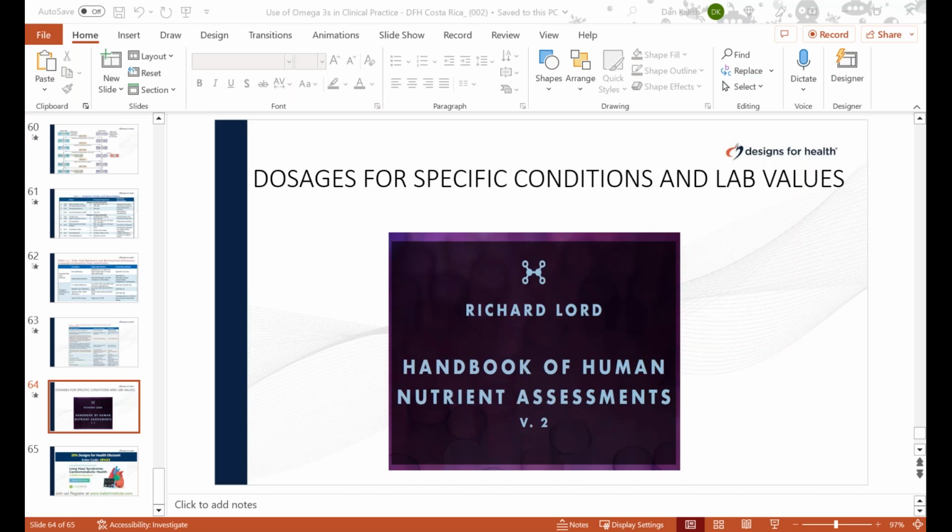It's really, really interesting for us to hear about the importance of the GLA, right? Because when we think about omegas, we're usually thinking about the omega-3s first and foremost. That is what we usually tend to look for.